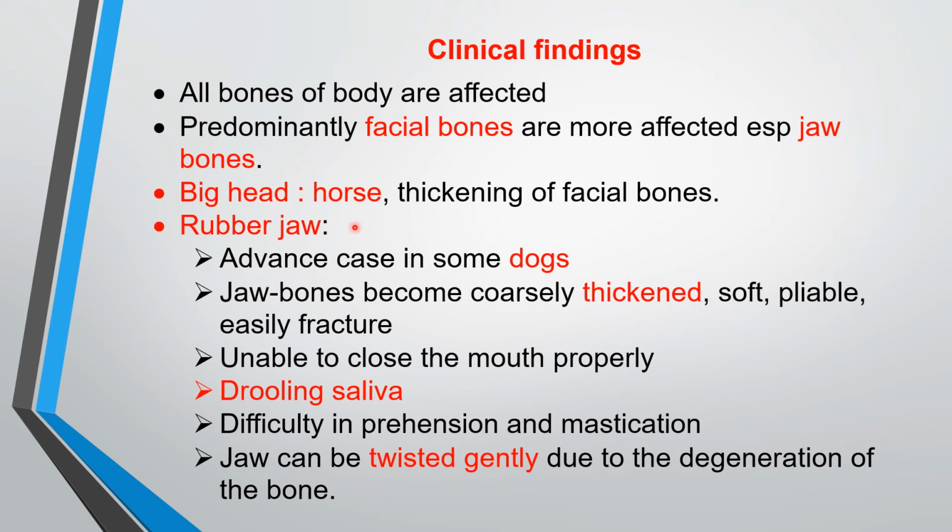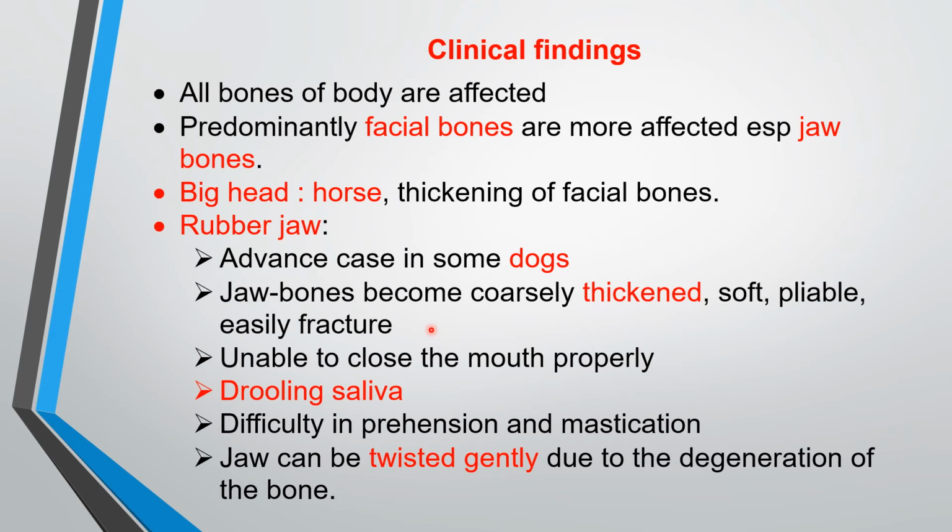There is another condition in dogs called rubber jaw that is observed in advanced cases in some dogs, where the jaw bones become thickened, they become soft, they become pliable like elastic or rubber and can be easily fractured.